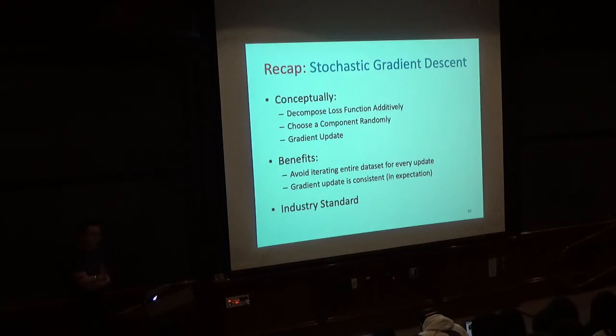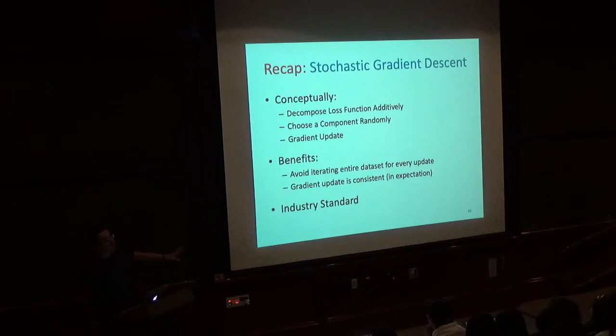Okay, so just to recap, stochastic gradient descent conceptually decomposes the loss function additively, and then it chooses one of the additive components of the loss function randomly, and makes a gradient update based on that, just evaluating the gradient on that one component. The benefit is that it avoids iterating through the entire training set for every update, and you can show that the convergence guarantees of gradient descent, by and large, also hold for stochastic gradient descent.